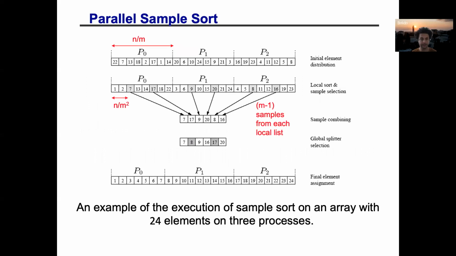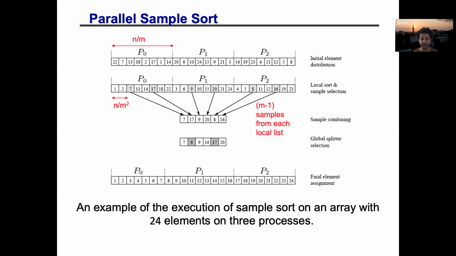So let's start. You have a list of N elements, and each processor has N over M pieces of it. Again, I'm abstracting the processor count to M. So we are choosing regularly spaced M minus 1 samples from each local list. Local meaning local to the processor.